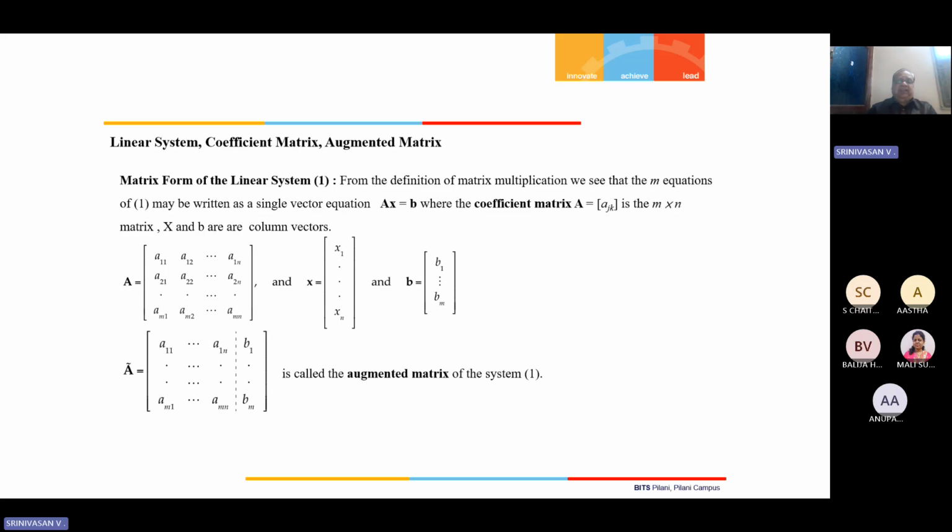You can just take the matrix of coefficients A, and then make a vertical line, either dotted or straight, just to have a demarcation between your A and the column vector, that is the constant vector.